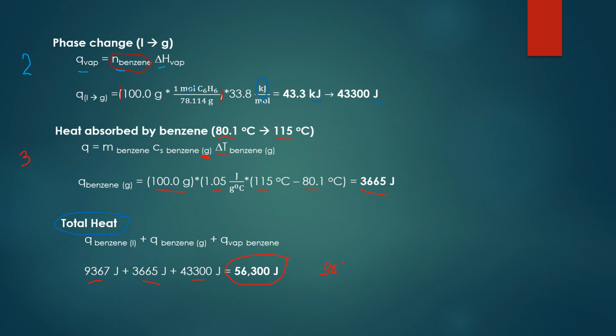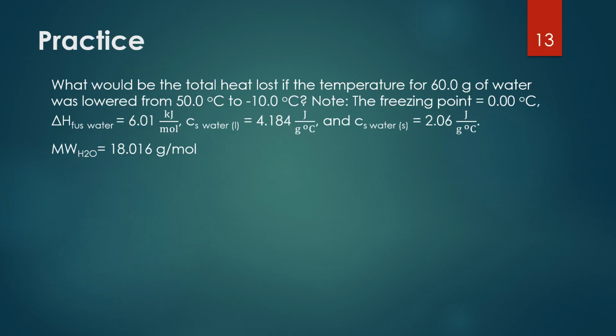And this is not going to write very nicely, so let's try another problem. Feel free to pause and try to complete this one on your own. So we're doing total heat once again, and this time it's total heat lost, if the temperature for 60 grams of water was lowered from 50 degrees Celsius to negative 10 degrees Celsius.